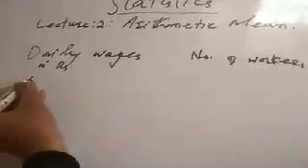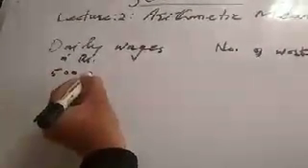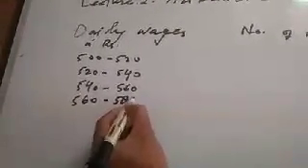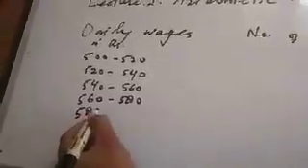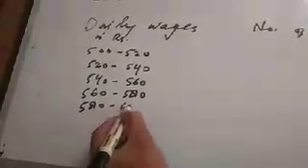The class intervals are 500 to 520, then 520 to 540, 540 to 560, 560 to 580, and last 580 to 600.